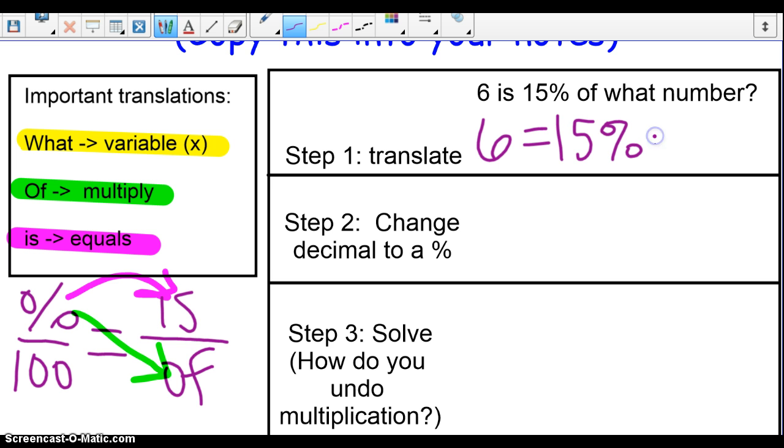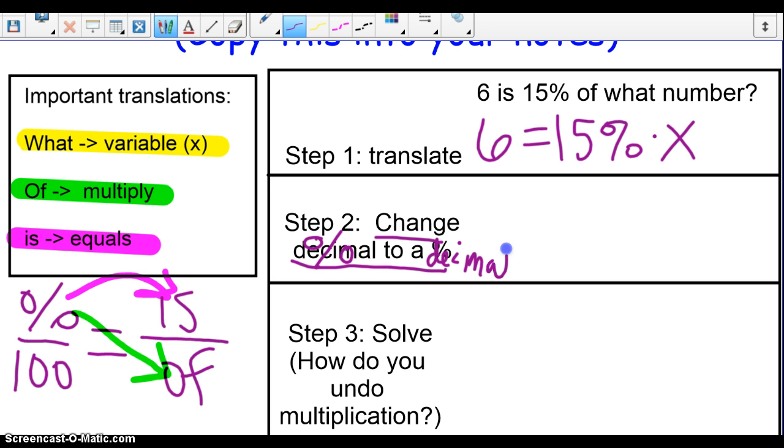of what number? Okay, now something super important. You cannot use the percent button on your calculator, and you probably don't even have a percent button on your calculator. So we've got to change the percent to a decimal. Darn, and I already made the copies.